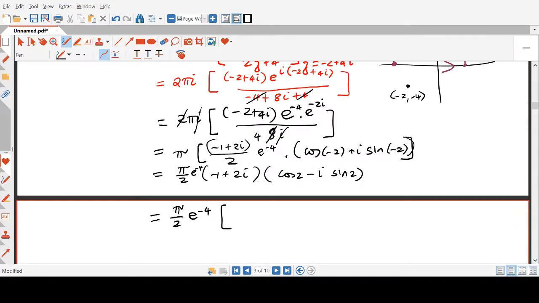When I open this bracket out, it will be minus cos 2, and 2i times minus i, that's minus 2i squared, that's plus 2 sine 2. Now, we do the imaginary part. It will be 2 cos 2 plus sine 2.